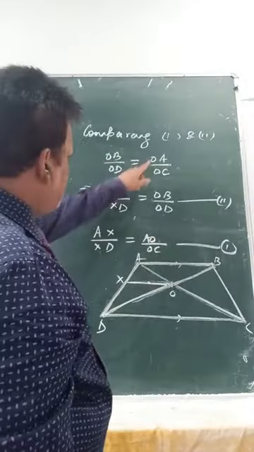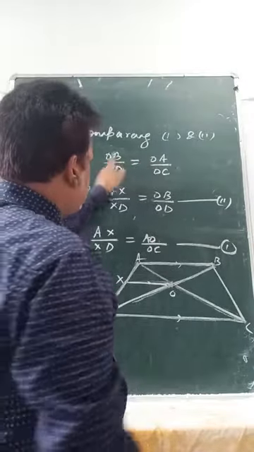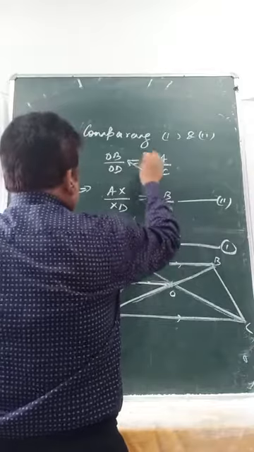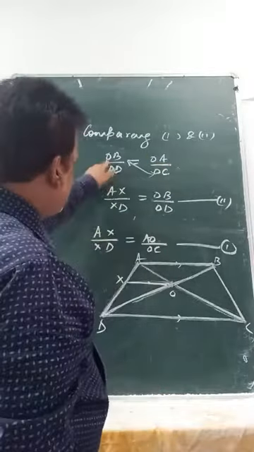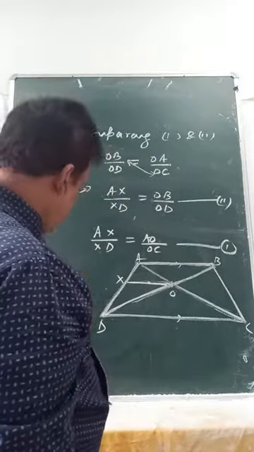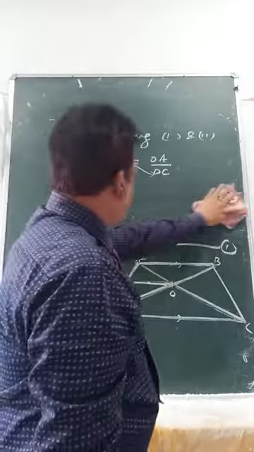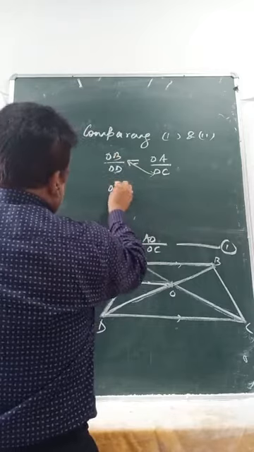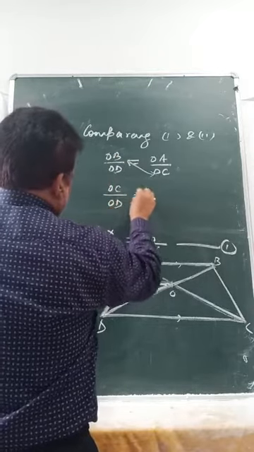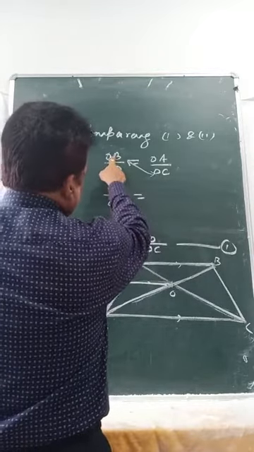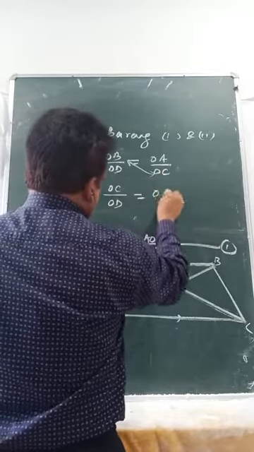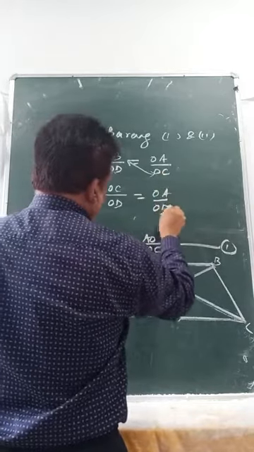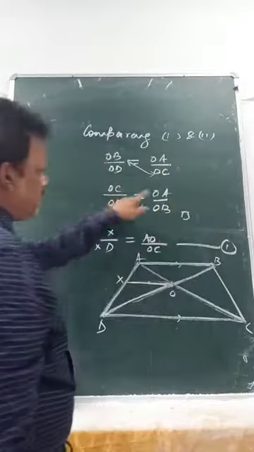But you want to prove OA by OB, so interchange these two. This will come here, this will go there. So interchanging, what will you get? When this comes here, that will be OC by OD. When this goes down, OA by OB. Proved. This is what I wanted to prove.